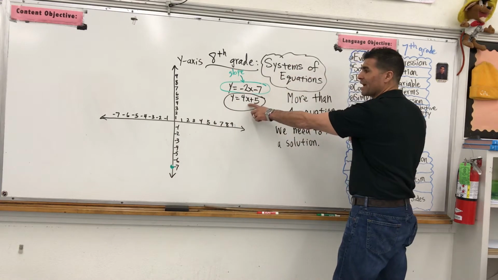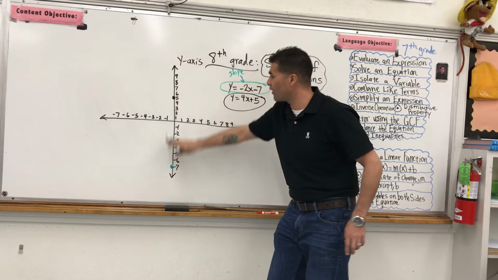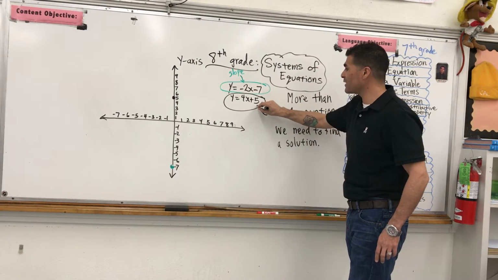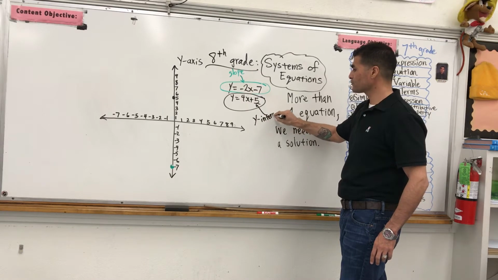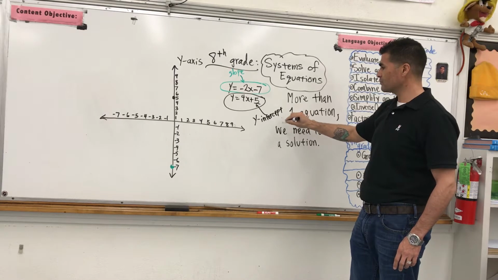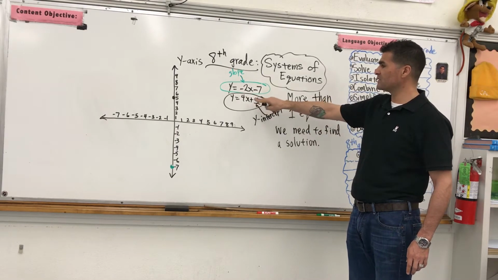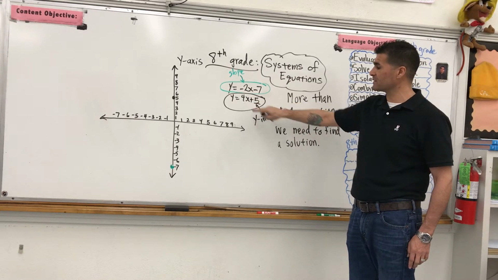So I know this line, when I graph it, it's going to pass through the number 5 on the y-axis. That's why these numbers here are called the y-intercept. These y-intercept numbers are always the numbers that are not multiplied by the variable x.